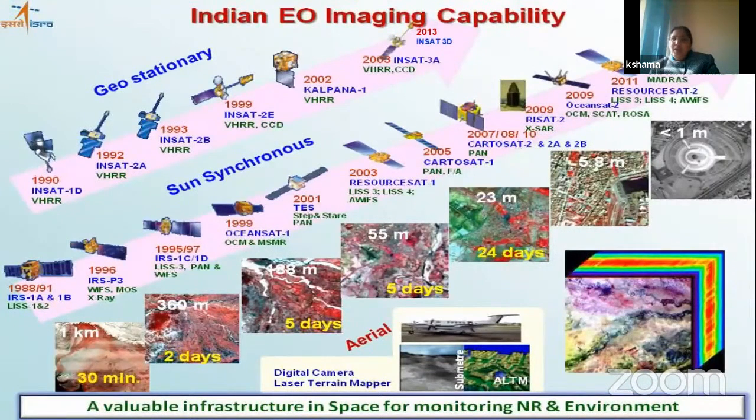Cartosat 3 data is available, which is very good for urban planning and many other infrastructure applications. Similarly, India has launched many geostationary satellites, which are mainly communication satellites, and they also provide meteorological information. All this has helped India build capacity in communication as well as in meteorology.